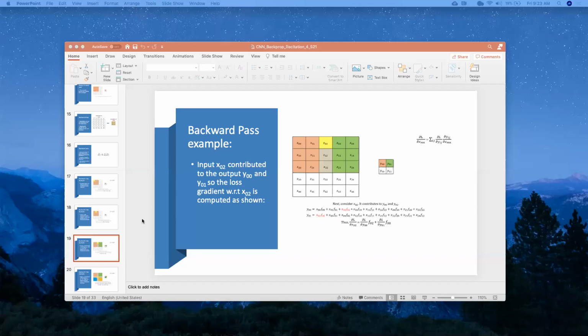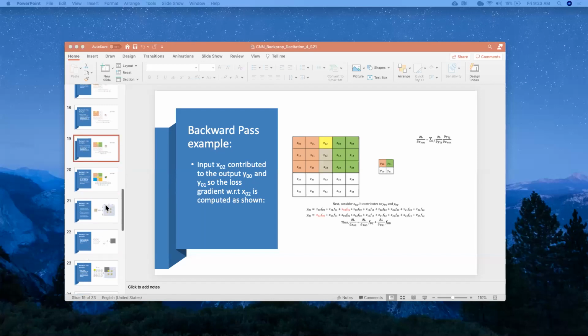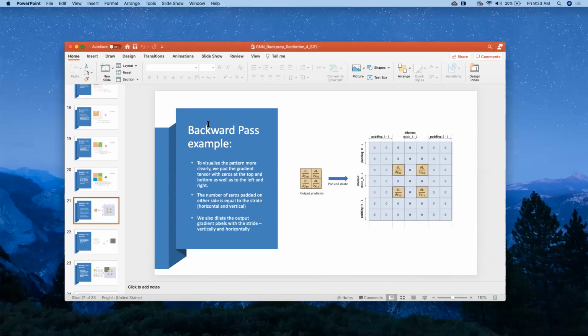Yeah, so what is dilation? That's a very great question. Can you see my screen? Okay. So consider if you have a matrix.